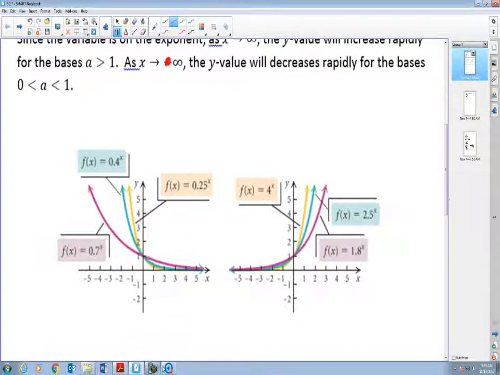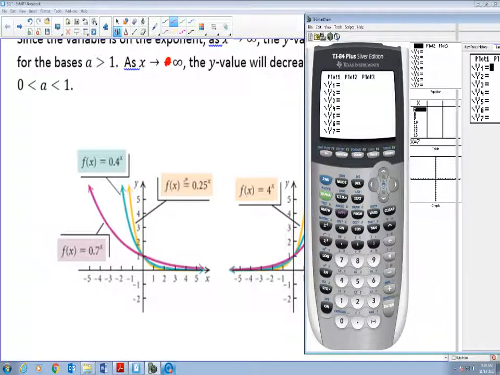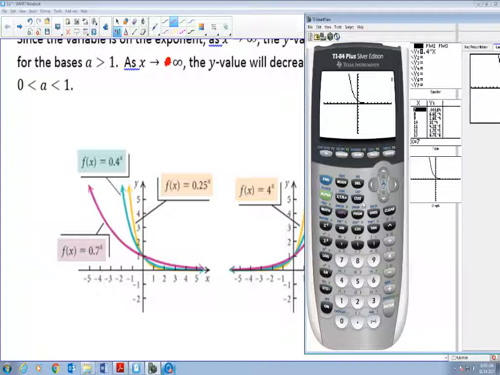Alright. So let me just graph a couple of them right here real quick. If I use 0.4 raised to a positive x power and I graph it, it will look something like this one here. Now if I say base 0.4 raised to a negative x power, what will my graph do?